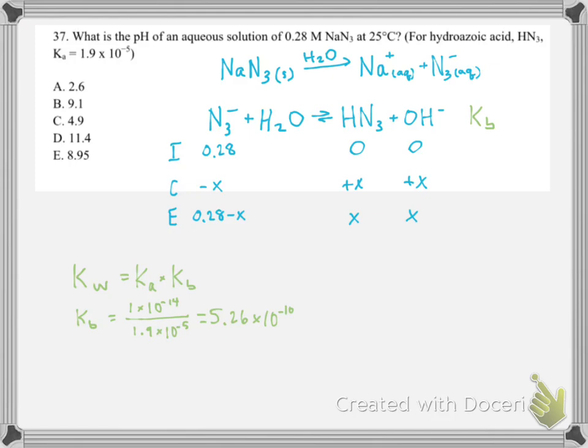So we can set this number equal to our expression. We're going to have x squared divided by 0.28 minus x. So we'll ignore the minus x.